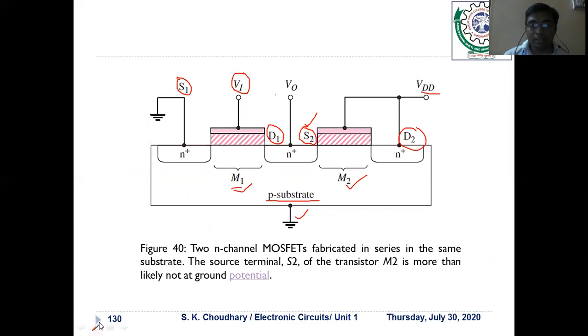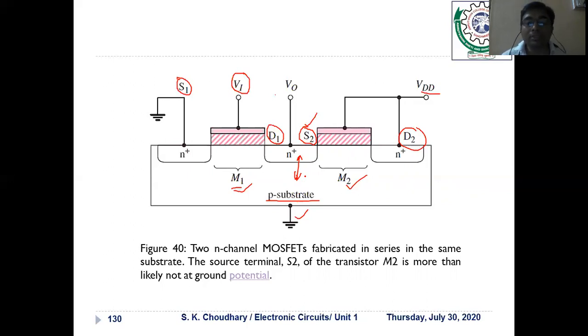We can again see this through the diagram: the source of M2 and the substrate, which is a common p-type. This is the n-type source, and the substrate is p-type. Whatever PN junction is established in this area, as the source is at the higher potential and the substrate is at the lower potential, there is a reverse bias across this PN junction.